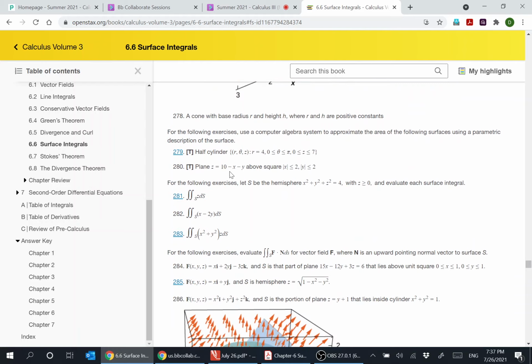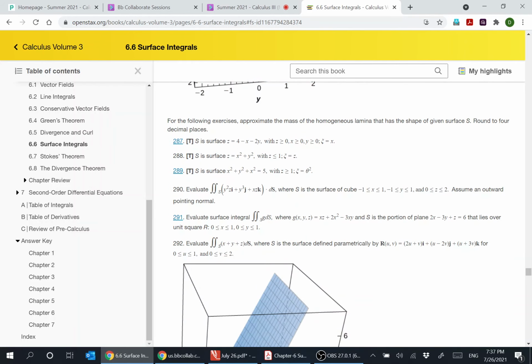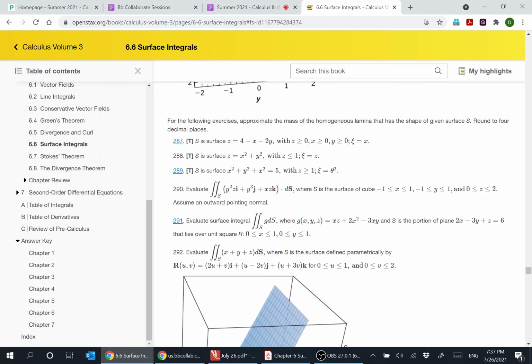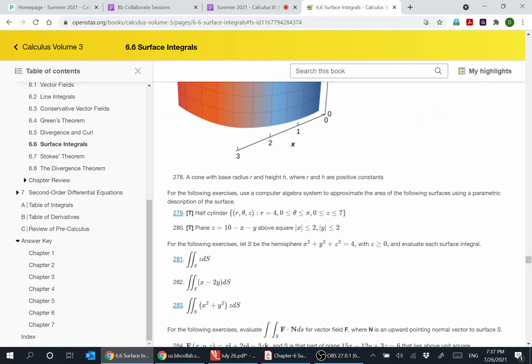Okay, so that is an example of the scalar surface integral. Now, how about an example of a direct calculation of the vector surface integral?